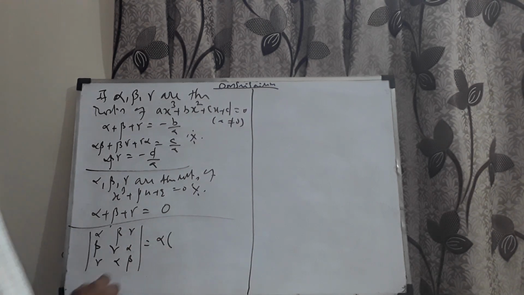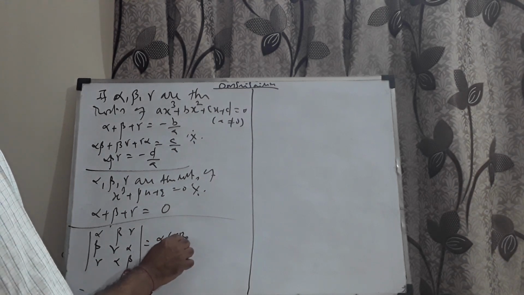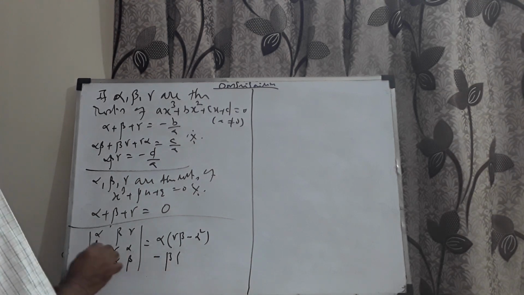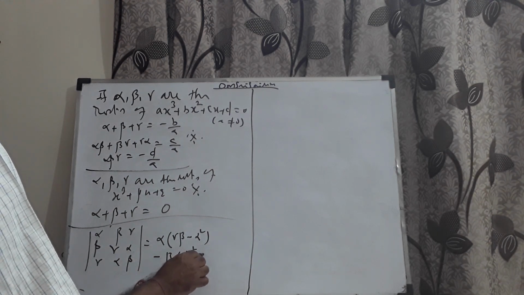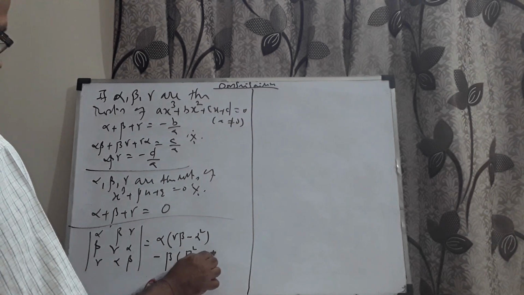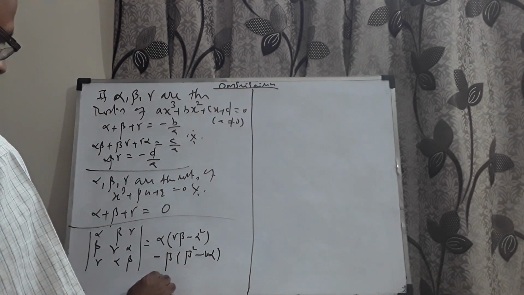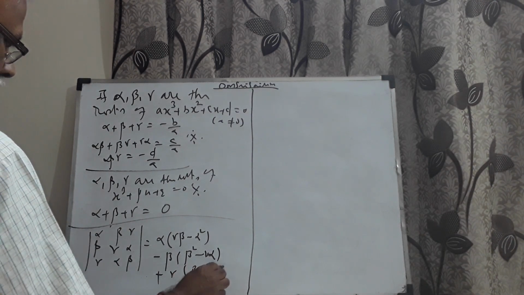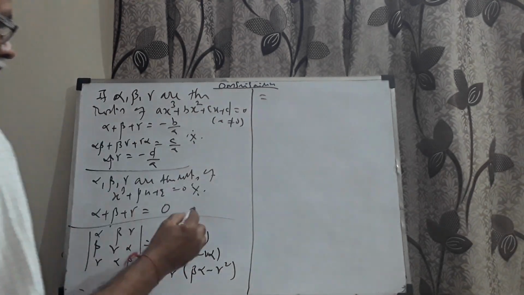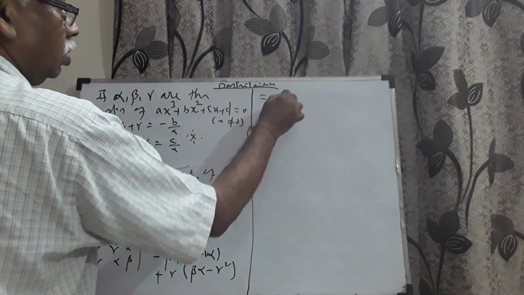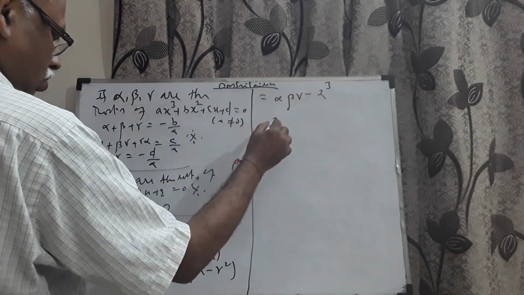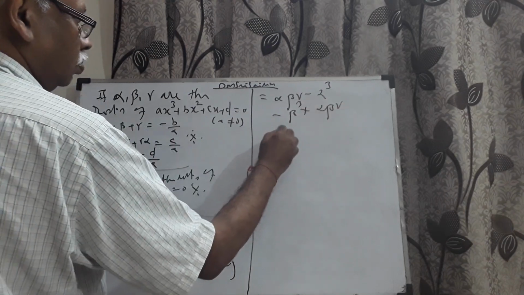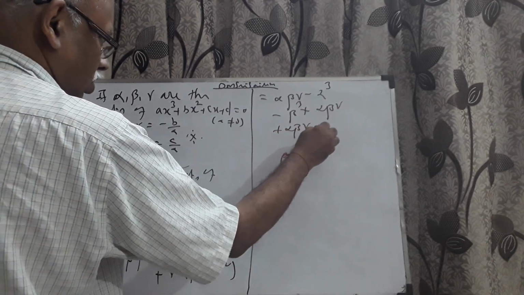Let me just expand: alpha into gamma beta minus alpha square, minus beta into beta square minus alpha gamma, plus gamma into alpha beta minus gamma square, which will imply alpha beta gamma minus alpha cube, minus beta cube plus alpha beta gamma plus alpha beta gamma minus gamma cube.